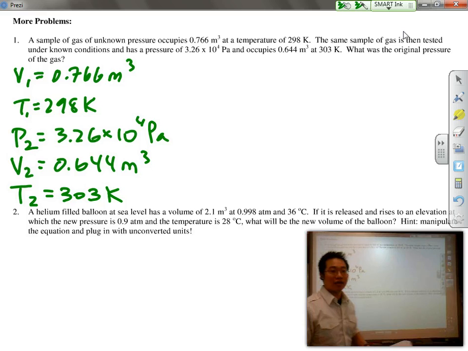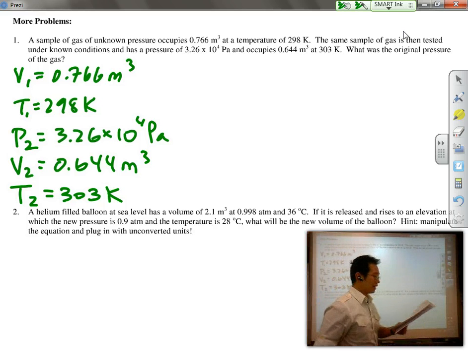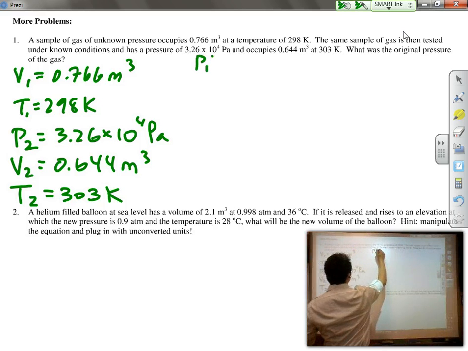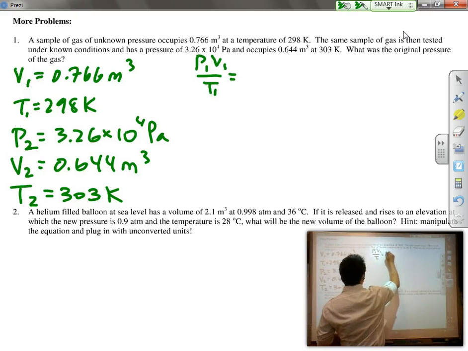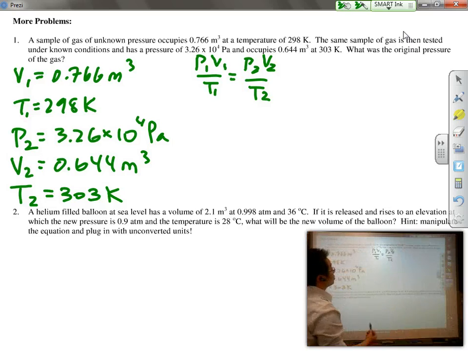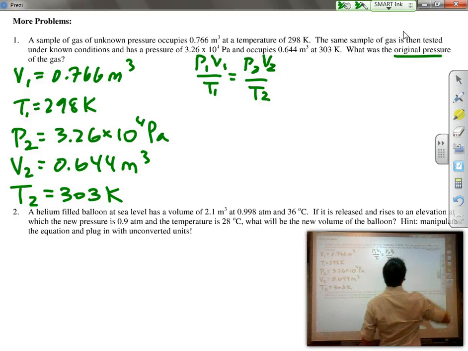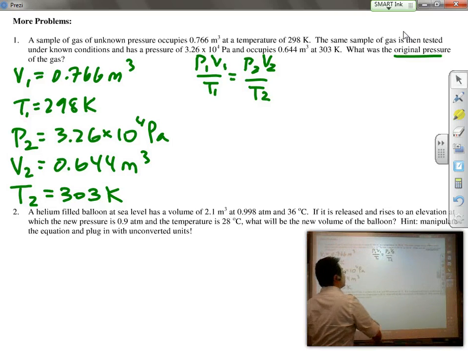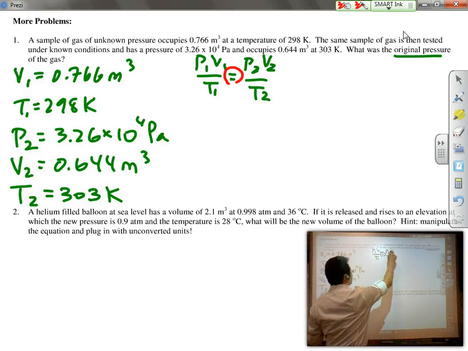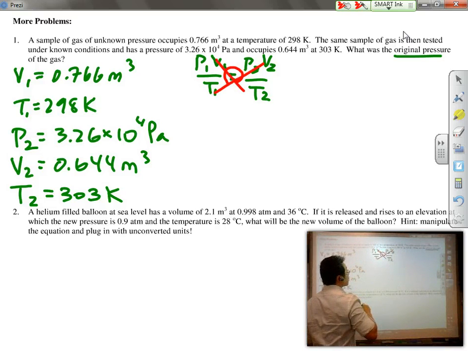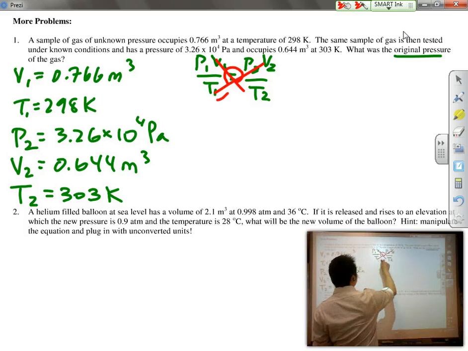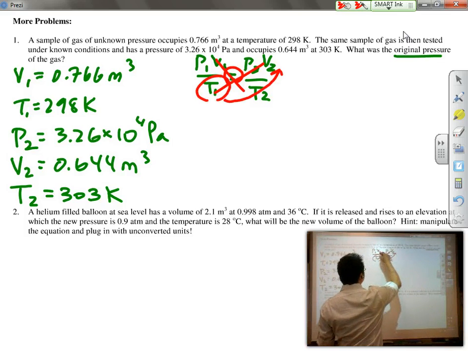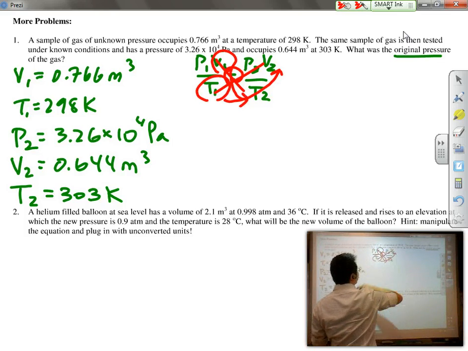So if I'm trying to do this mathematically, I know that P1V1 over T1 is equal to P2V2 over T2. The question asks, what was the original pressure, P1? Keep in mind that because of the equal sign, we can simply cross multiply, meaning we can bring the temperature T1 to the top and the V1 all the way to the bottom.